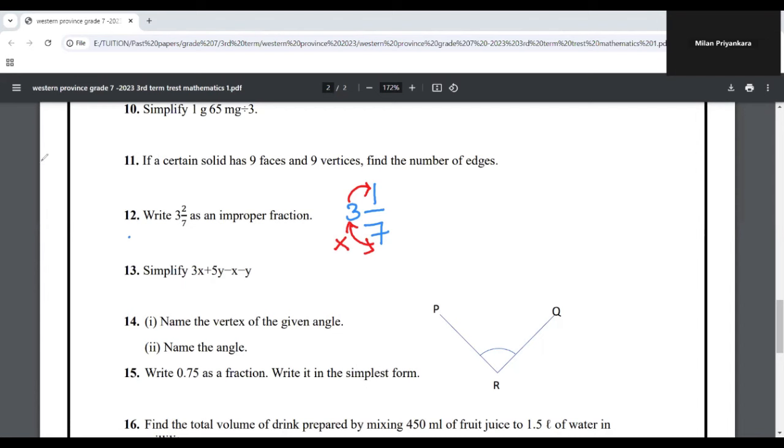Actually, this is 2, right? And then 7 into 3 is 21. 21 plus 2 is 23. So 23 over 7. This is how you convert a mixed number into an improper fraction, right? And you have got the answer.